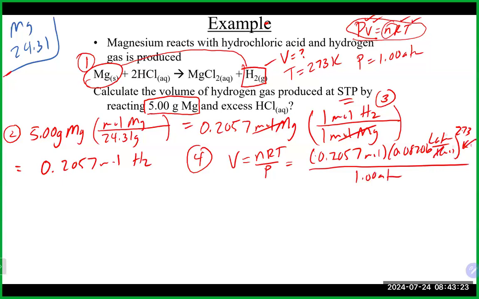Kelvin will cancel, atmospheres will cancel, moles will cancel. Going to leave us liters when it's all said and done.